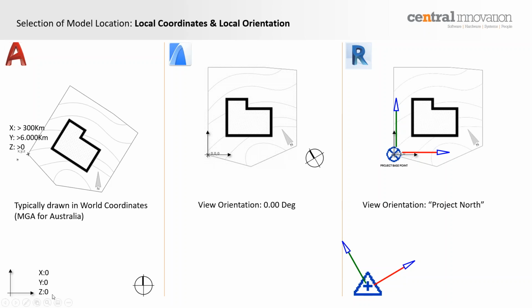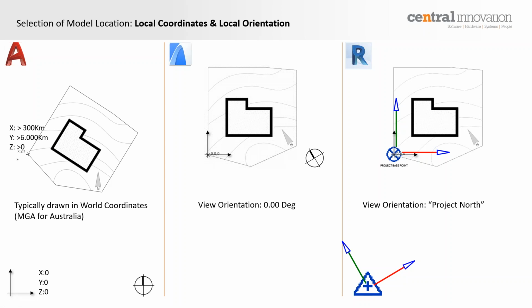So what you have from the left, let's start from here, is a situation where in most cases the survey will be drawn in what is called MGA coordinates. That is typically above, going north. I think I've got these right, 6,000 kilometers north and 300 to the right, depending on where you are in Australia.